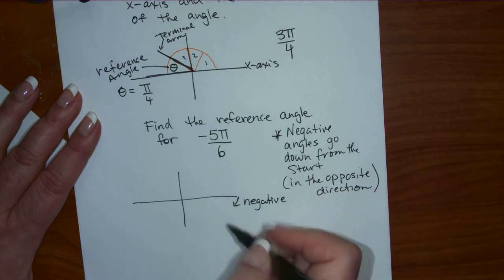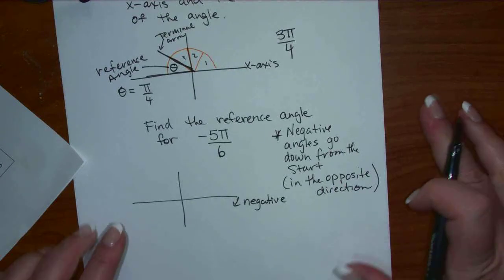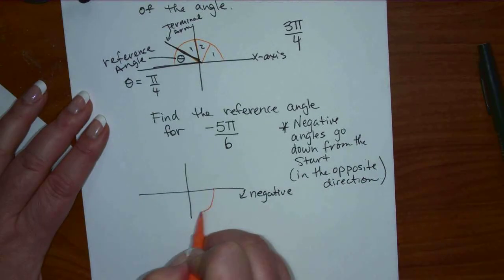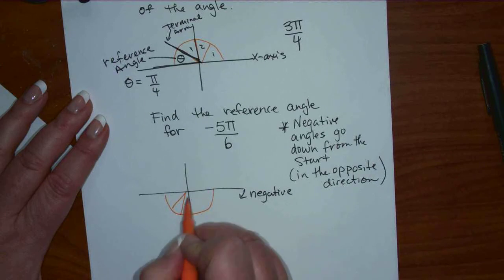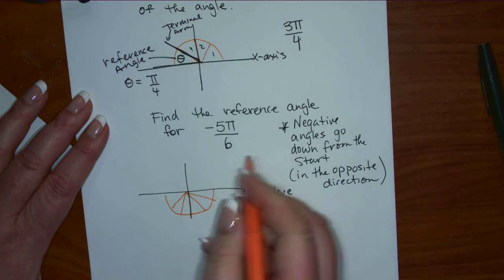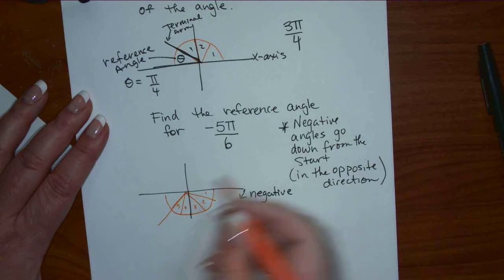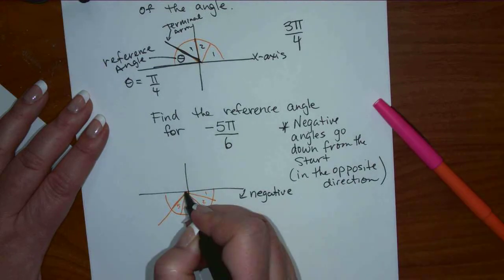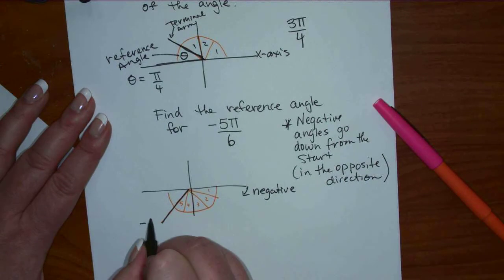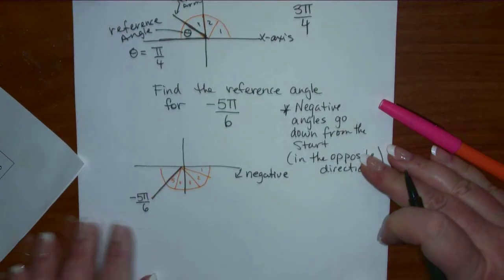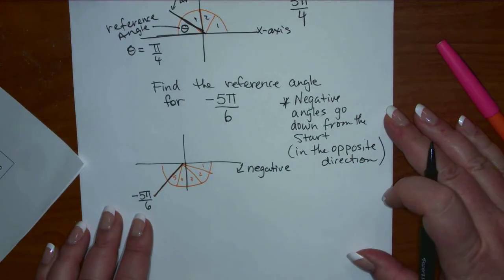So how many pieces is this pie cut into? 6. So 1, 2, 3, 4, 5. We only want 5, so we want to stop here. And this is the angle negative 5 pi over 6. Okay.